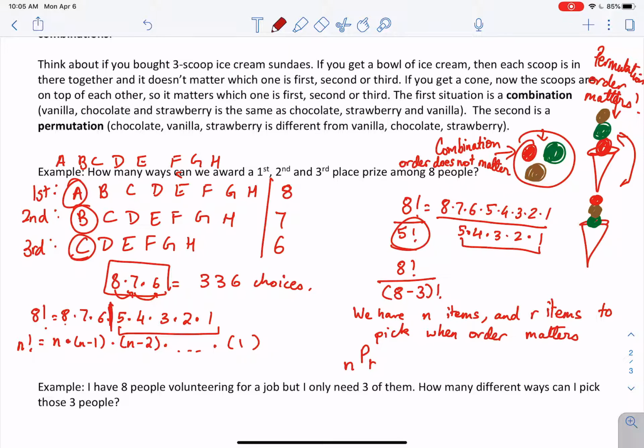So n is a subscript, then a big P, then r subscript. That's n factorial divided by n minus r factorial. So that's a permutation, where the order matters and we're picking a group of people from a larger group.